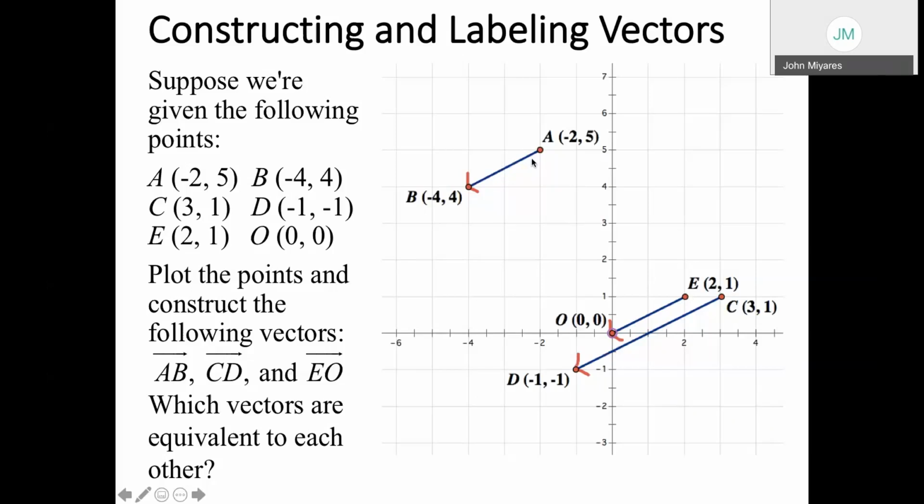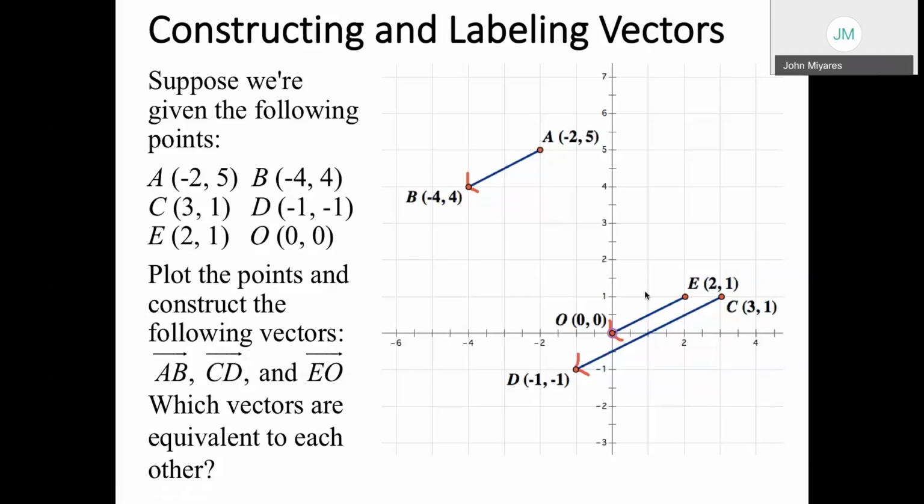For vector AB, you're going down 1 and left 2, which is the same as vector EO, down 1, left 2. Now, I'm not going to actually calculate the length of the vector here, but it should be intuitively obvious that if going from the starting point to the ending point of the vector is a matter of going down 1 and left 2 in both cases, then those vectors must be equal.